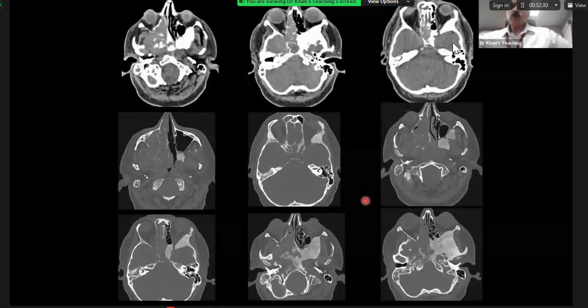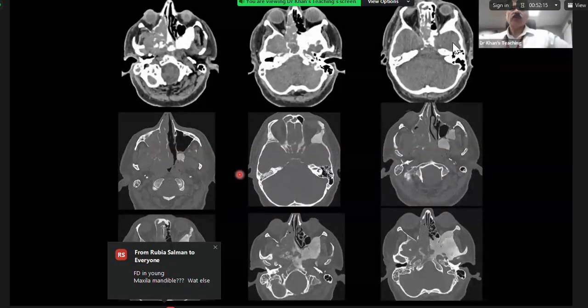Excellent. Okay. So if you see here, classical fibrous dysplasia base of skull, but there is bony destruction. The pterygoids are gone. The walls of the paranasal sinus, the maxillary sinus, they are also gone. So this is malignant transformation, and this can happen in about 1% of cases.